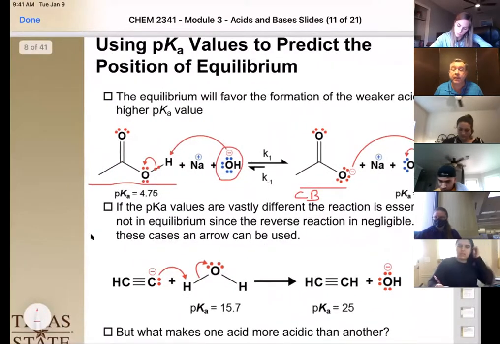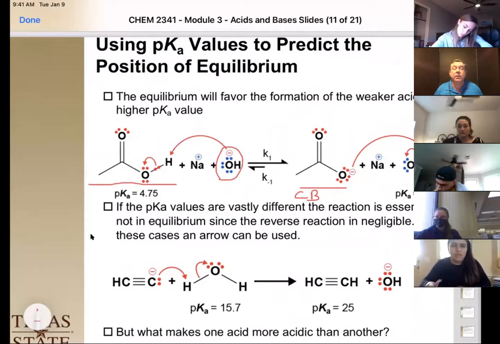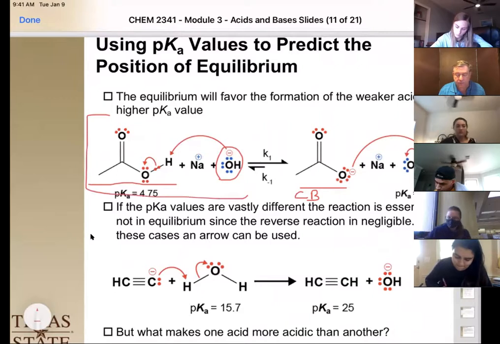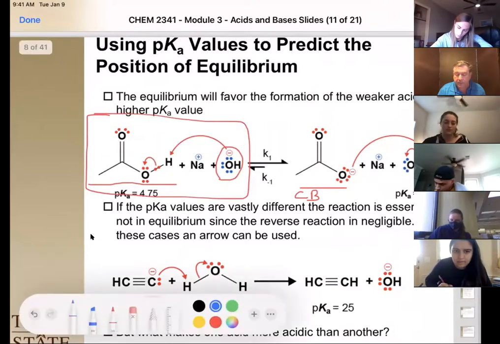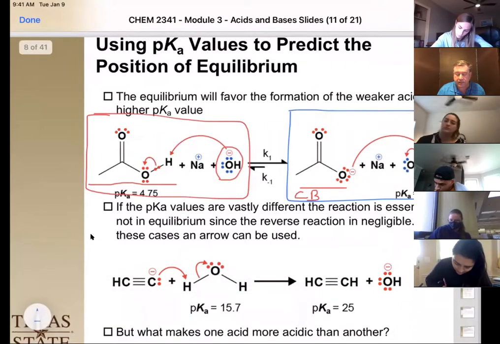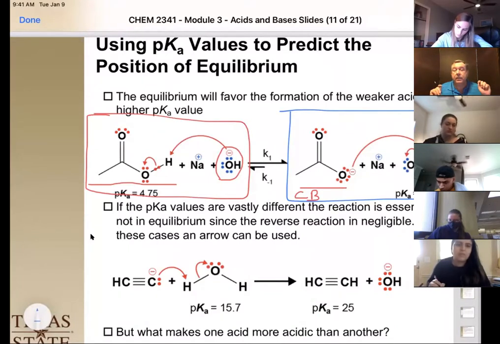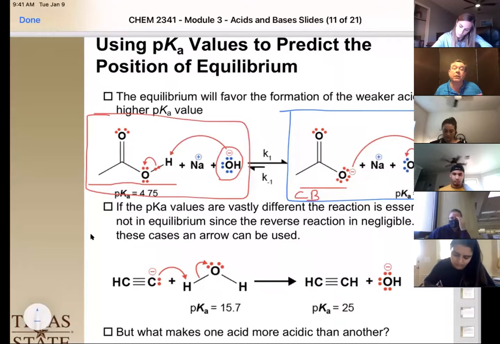So the only thing we have to do to figure out which way the equilibrium is shifting is look at the pKa of the acid on one side of the equation and compare it to the pKa of the acid on the other side of the equation. Okay, so the other thing we need to remember is the lower the pKa number, the stronger the acid.